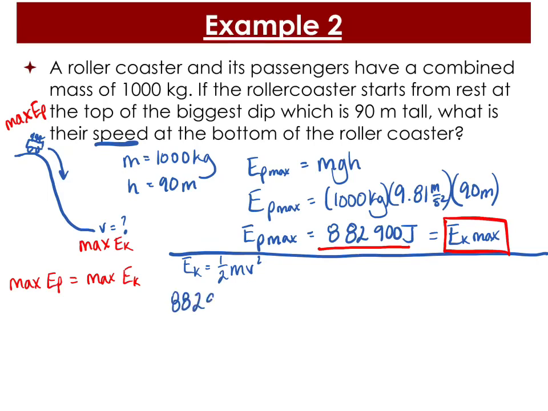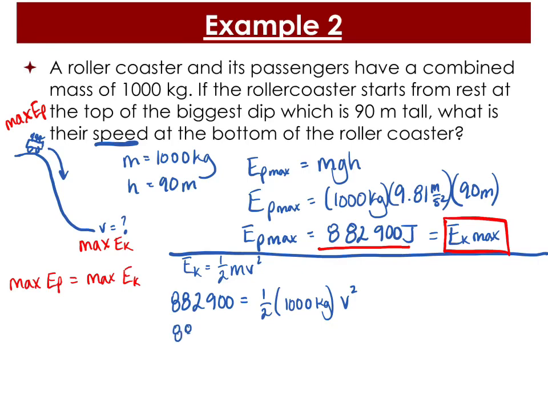So that's 882,900 should equal 1/2 times, what's the mass again? That is 1,000 kilograms, times velocity squared. And then we are going to solve for velocity. I'm going to do it exactly the same as I just did, and I'm not going to explain it this time. I'm just going to show the steps.